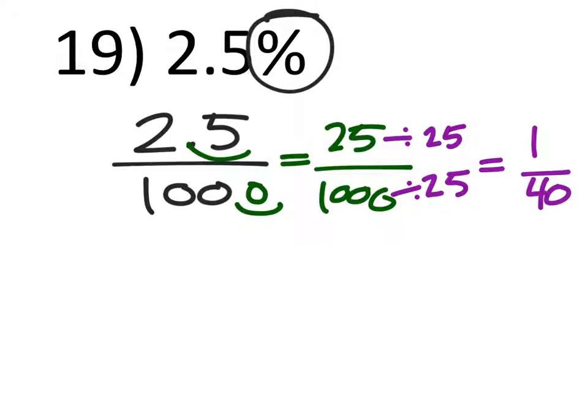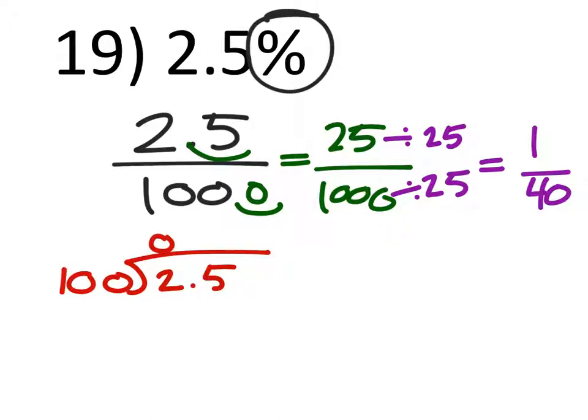And yeah, we could have done this long division starting out with the 2.5. 2.5 divided by 100. 100 doesn't go into 2, it doesn't go into 25, but it will go into 250 twice. What about 23? But again, that's just going to give you the decimals.